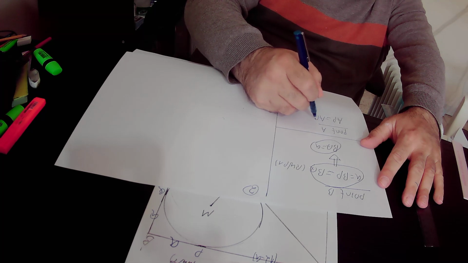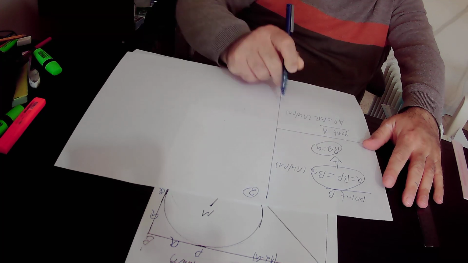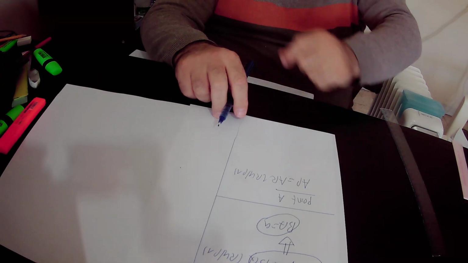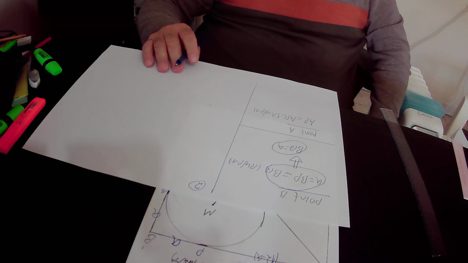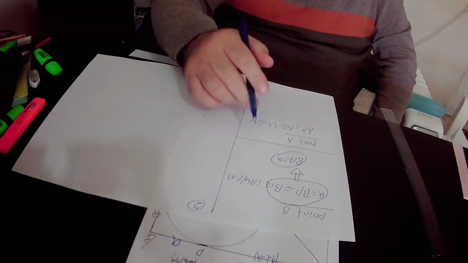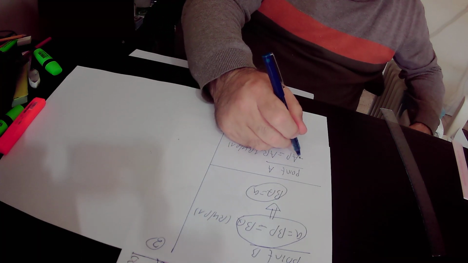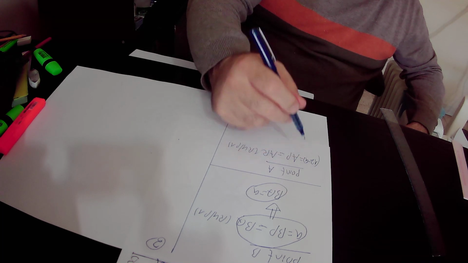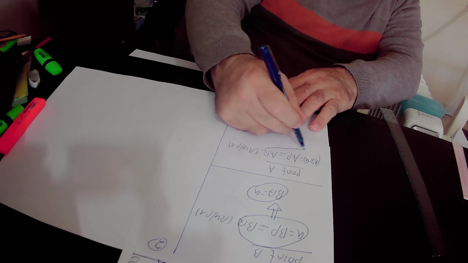And according to rule number 1, the lengths of those two tangents are equal to each other, that is to say AP equals AR. But we have already found out that AP equals 12 minus A, so we can write here that AP equals 12 minus A. So from this equation, 12 minus A equals AP equals AR.